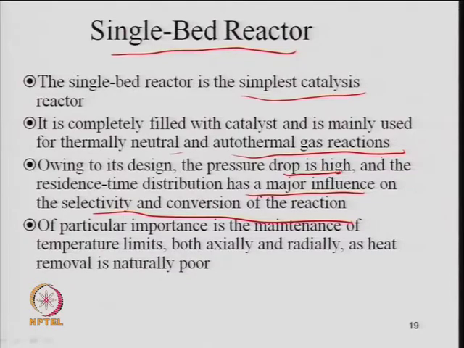Of particular importance in this type is the maintenance of the temperature limit both axially and radially, as heat removal is naturally poor. So, in this case heat removal is an issue. So, if the reaction is highly endothermic or exothermic, this should not be used, right? So, this reactor is only used when the reaction is isothermal and a very large catalyst particle size is used in the bed, so that the pressure drop should not be an issue.